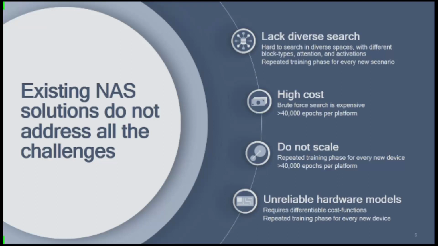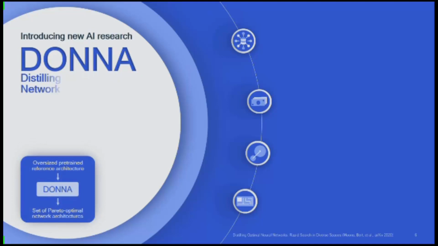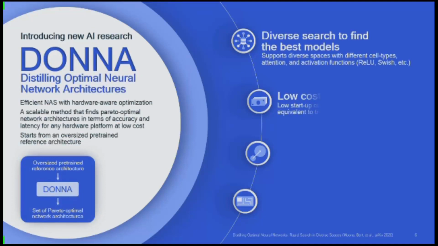And also, even though the current NAS community has been trying to combine hardware constraints in the searching, most of the hardware constraints are proxies. It is not a real hardware constraint there. So here we present to you DONNA, which solves all these problems at once.